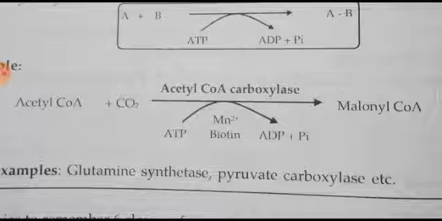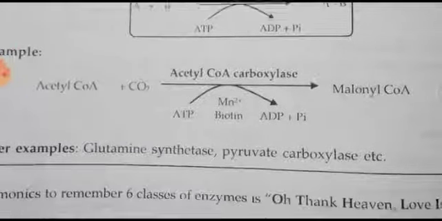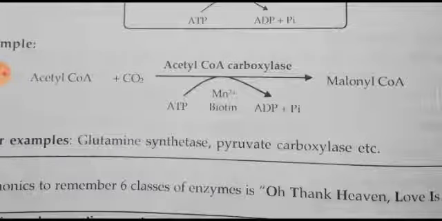So enzyme names themselves suggest a lot of meaning and information. You have to consider those points regarding a reaction and the name of the enzyme. Certain other enzymes in this category are glutamine synthetase, pyruvate carboxylase, etc.